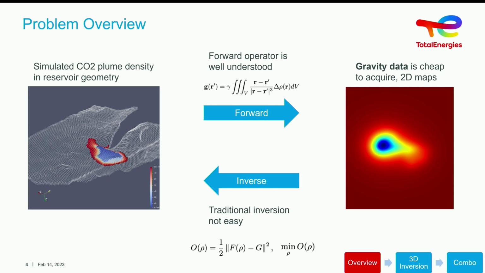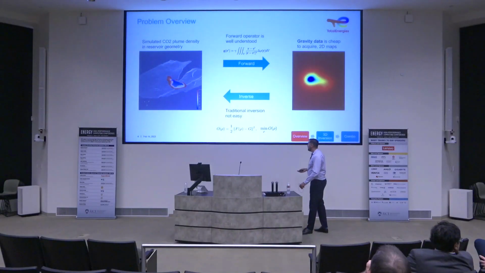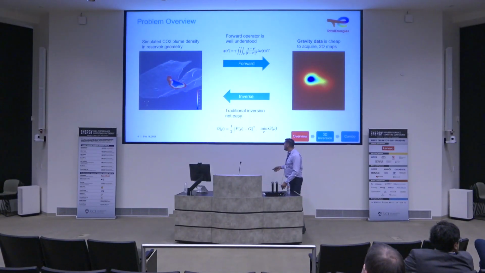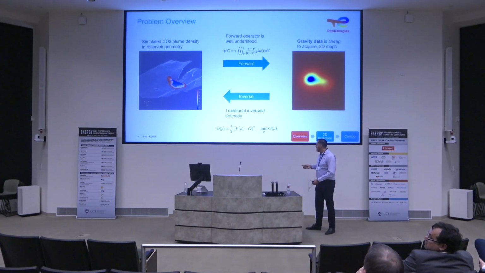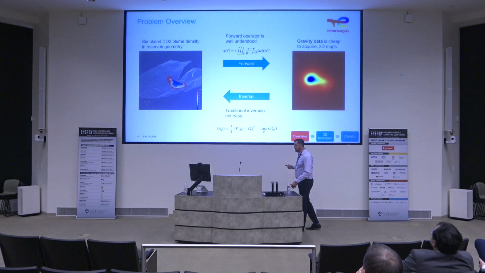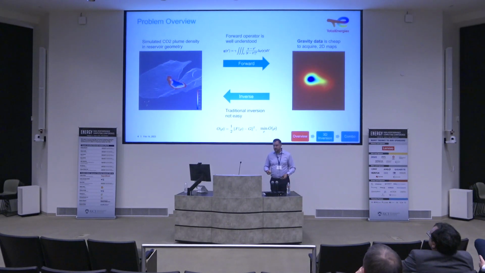So what we're interested in today is understanding how deep learning can be applied to this inverse problem. And the reason we're interested in that is because traditionally this formulation of the inverse problem, if it's not properly constrained, can give you pretty bad results. And even in that case, the results tend to be smoother and give you lower density estimates in the actual subsurface model.